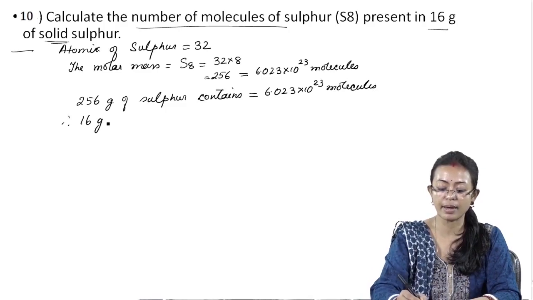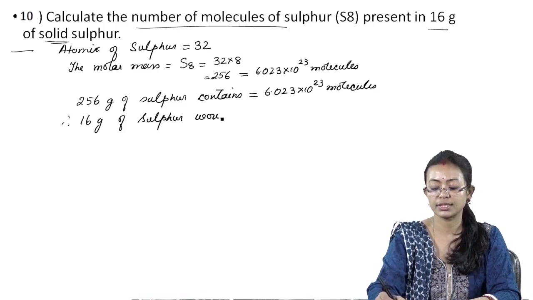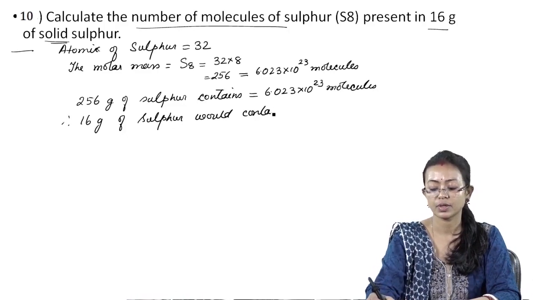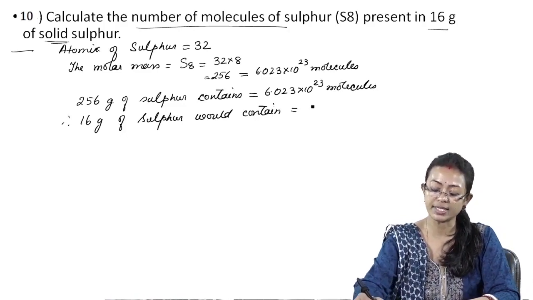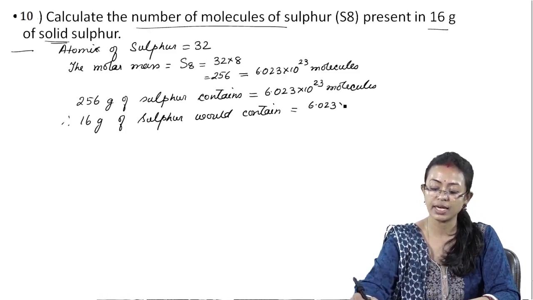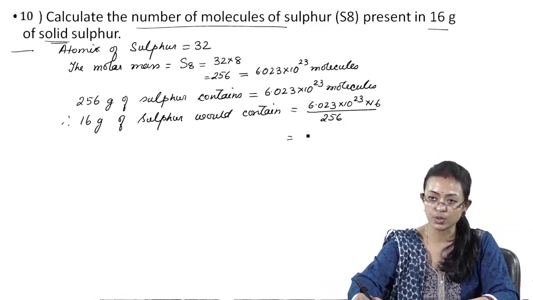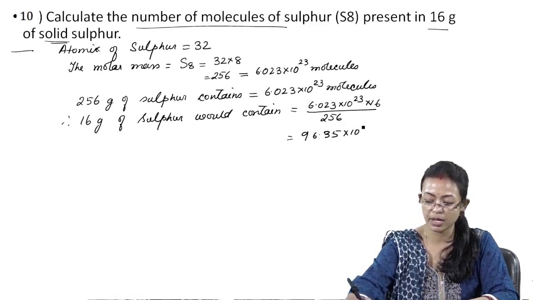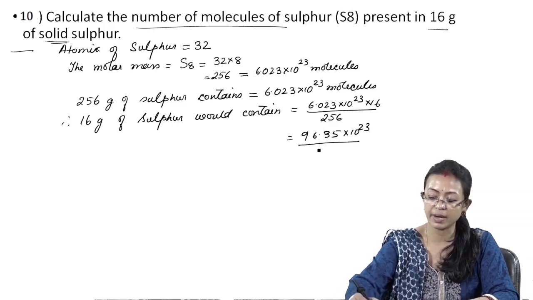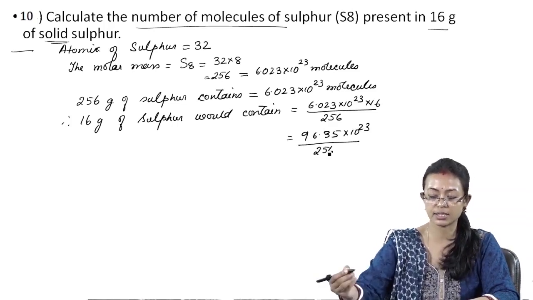Therefore, 16 gram of sulfur would contain, what would it contain? It is going to contain 6.023 into 10 to the power 23 into 16 divided by 256. Clear? Which is equal to 96.35 into 10 to the power 23 divided by 256.